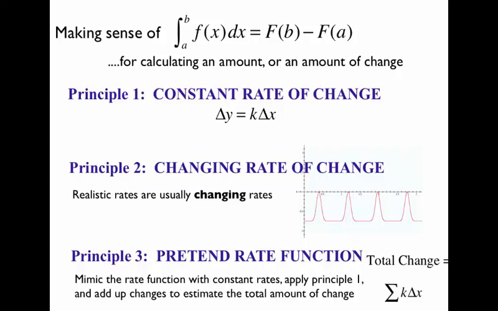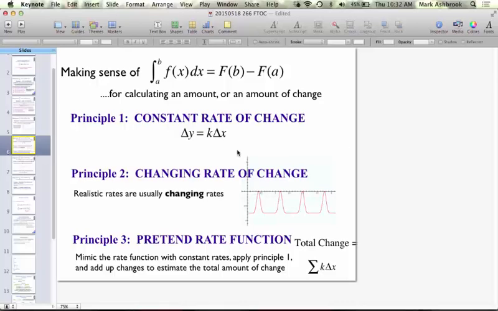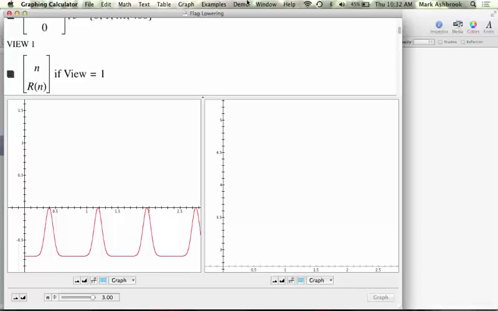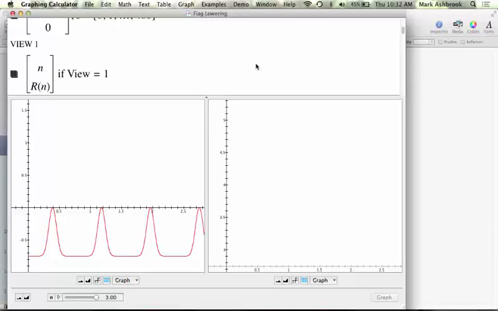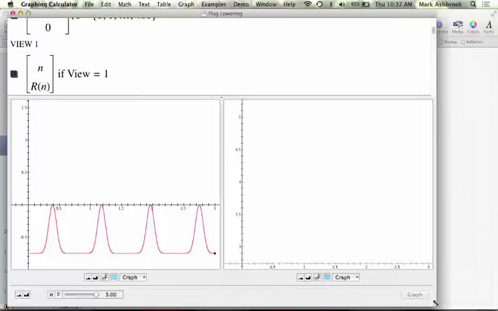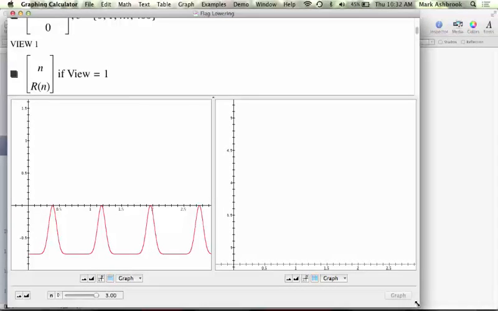All right, next idea, next principle. Let's look at our flag again. Here's the rate of change function, the realistic one. We talked about finding constant rates that are trying to be the actual rate, but there are some more systematic methods.